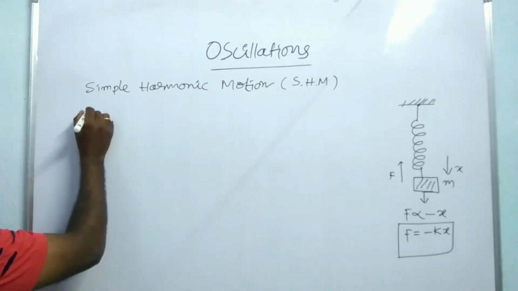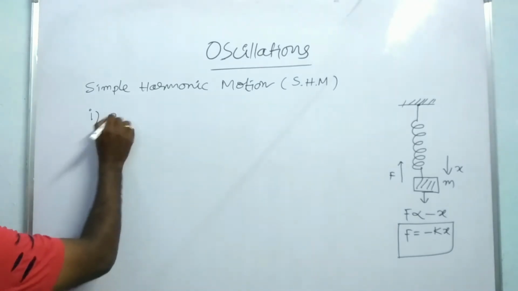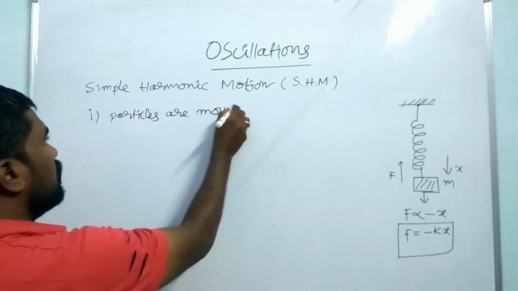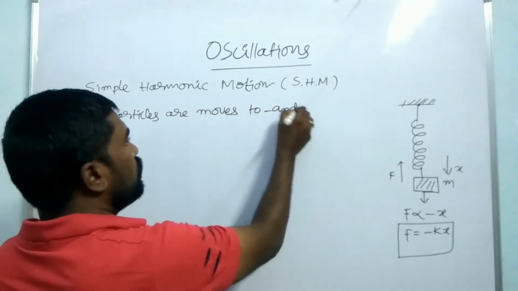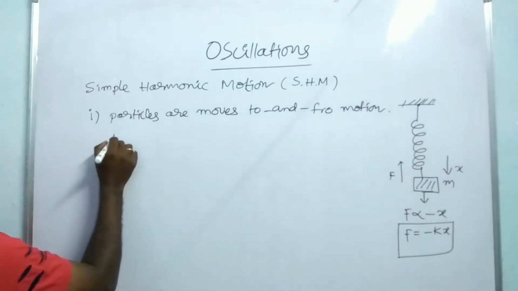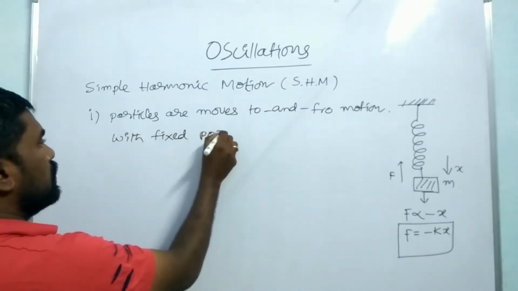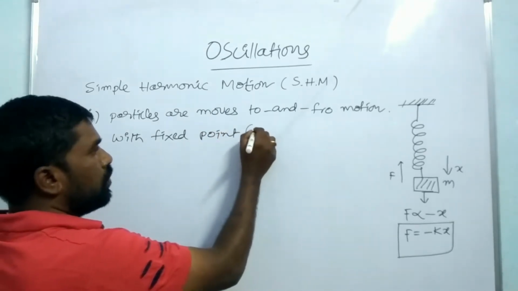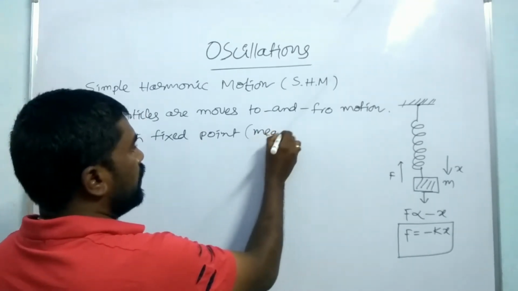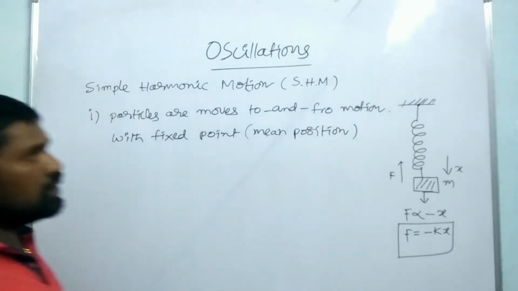So the first point to define simple harmonic motion is that the particle moves in a to and fro motion about a fixed point. That point is known as the origin, or the mean position.